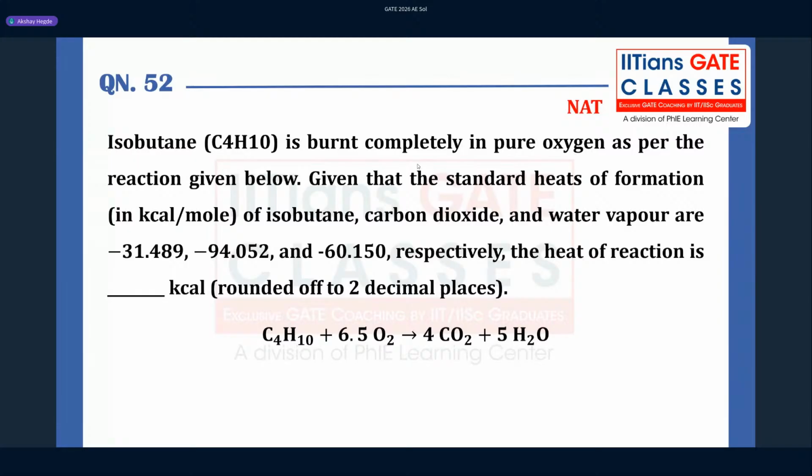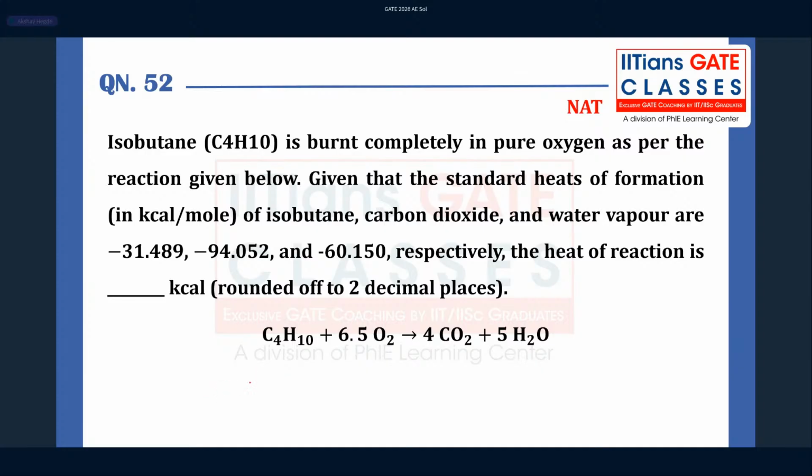The reaction is given, where isobutane reacts with oxygen for complete combustion, forming carbon dioxide and water vapor as the byproducts. Now they are asking us to calculate the enthalpy of reaction.